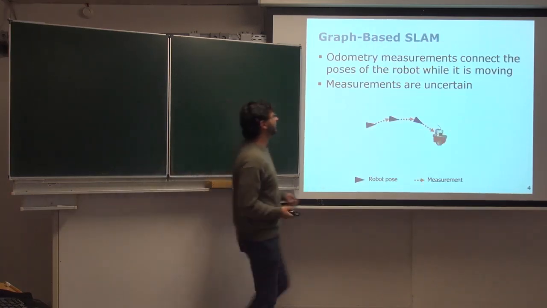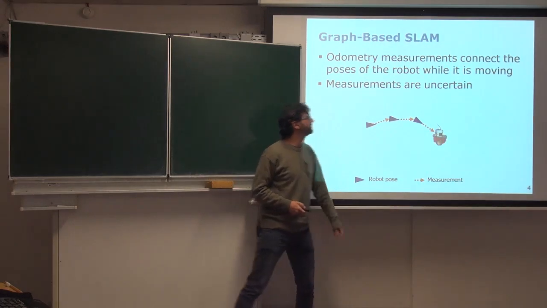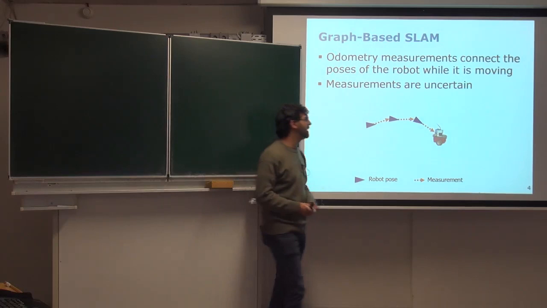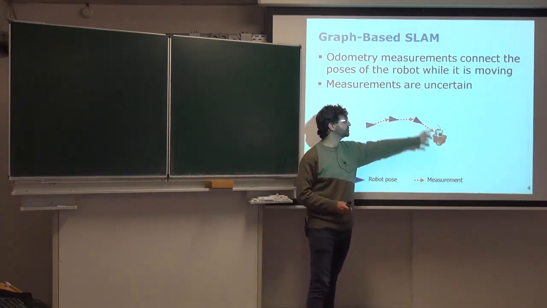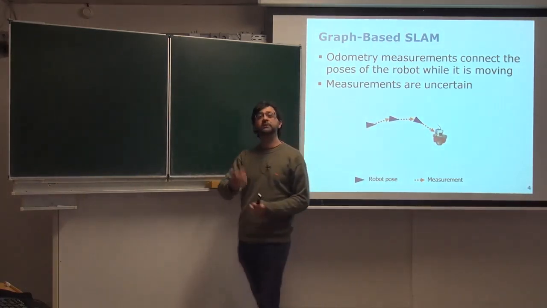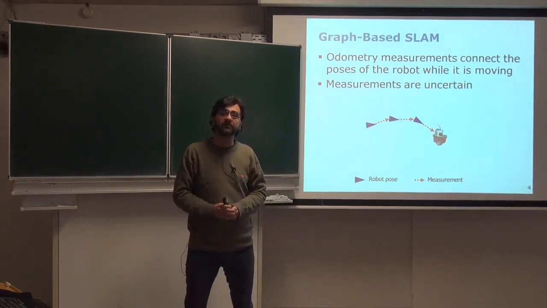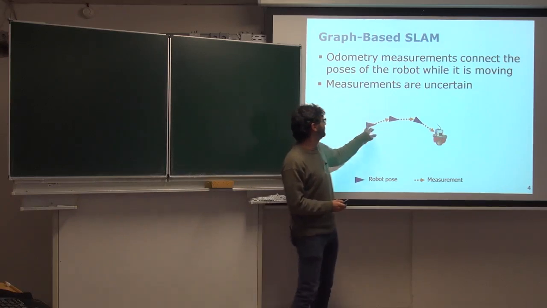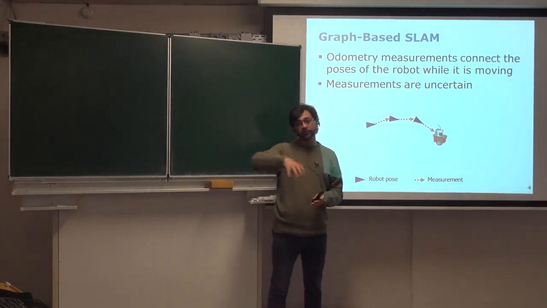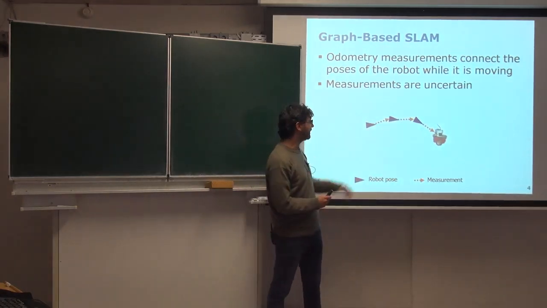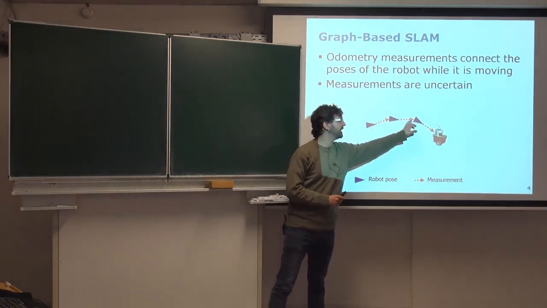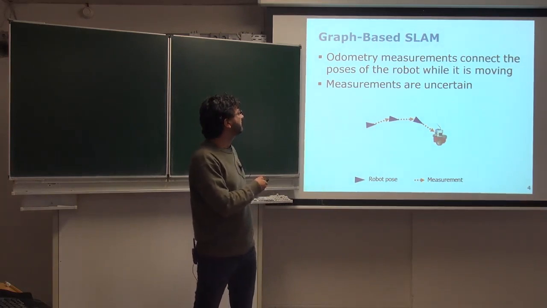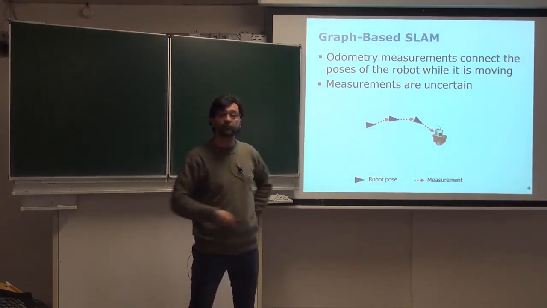So here is our graph, as I promised before. When we do graph-based SLAM, we are relying on a certain graph structure on poses of the robot, and sometimes you can also include landmarks that the robot observes over time. We basically have these poses, where the robot was at a certain point in time, and we connect these poses with edges in this graph, and each of these edges is basically a measurement between these two poses.